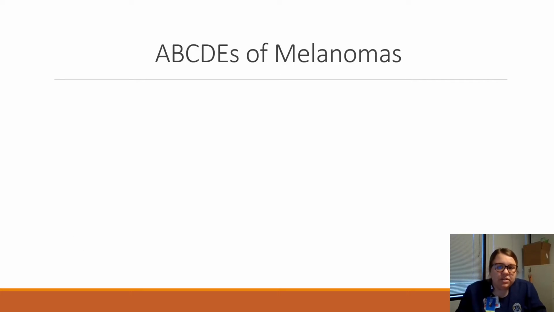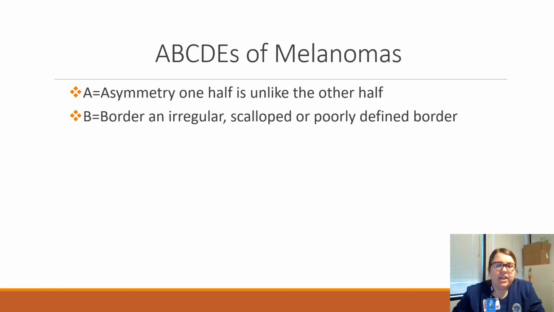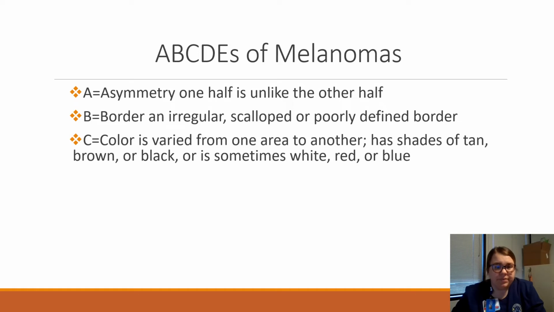So melanomas, we did this in lab, but we're going to do an ABCDE assessment. A is for asymmetric. Is one half of that little melanoma unlike the other? They're circles, so is one like this, and this side is huge? Are they equal? B, the border is irregular, scalloped, or has a poorly defined border.